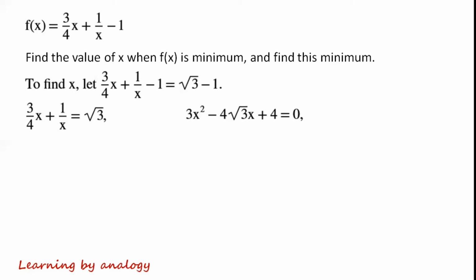So we have 3x squared minus 4x root 3 plus 4 equals 0. 3x squared minus 4 root 3 x plus 4 is a perfect square, so we can write root 3 x minus 2 all squared equals 0, which means root 3 x minus 2 equals 0.